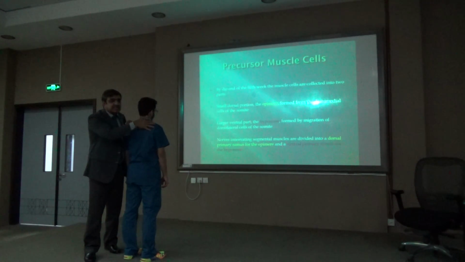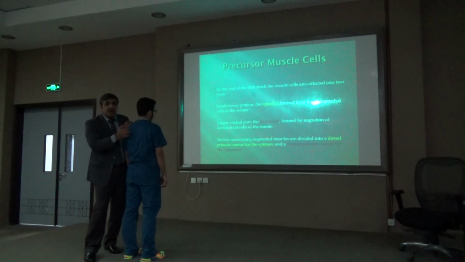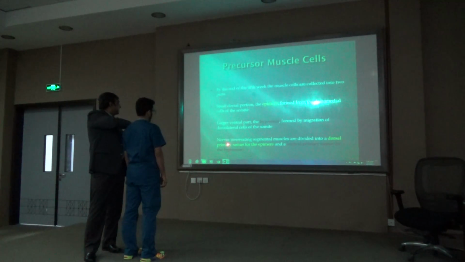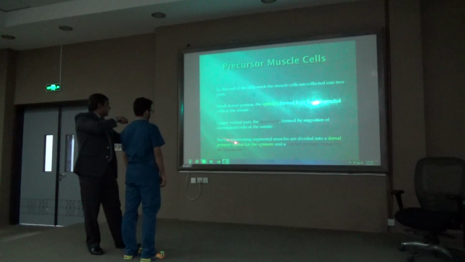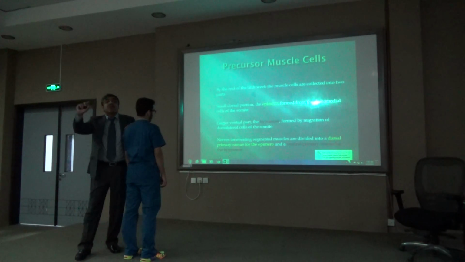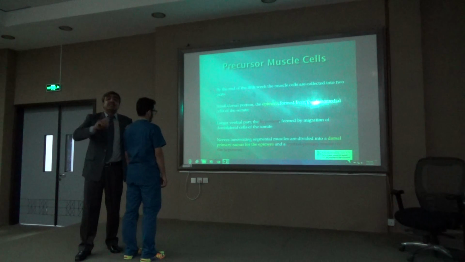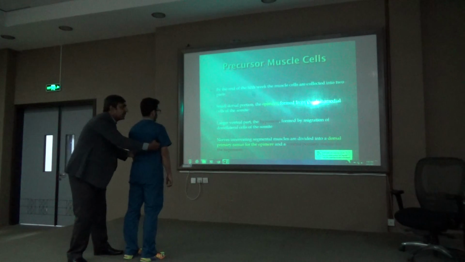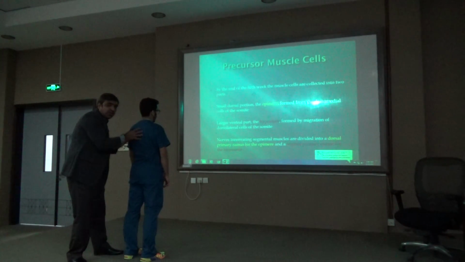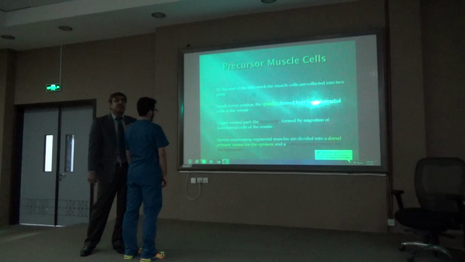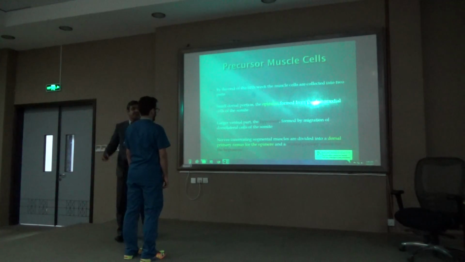When these cells migrate into the body wall, they bring their nerve supply with them. The dorsal and ventral rami supply these 2 kinds of muscles, and when they encircle the body wall, they bring their nerve supply from the spinal region.